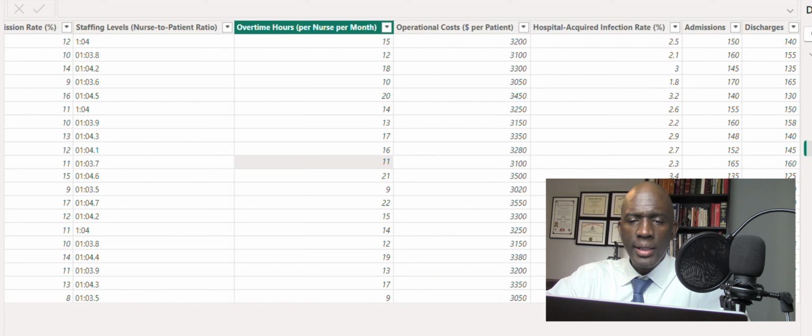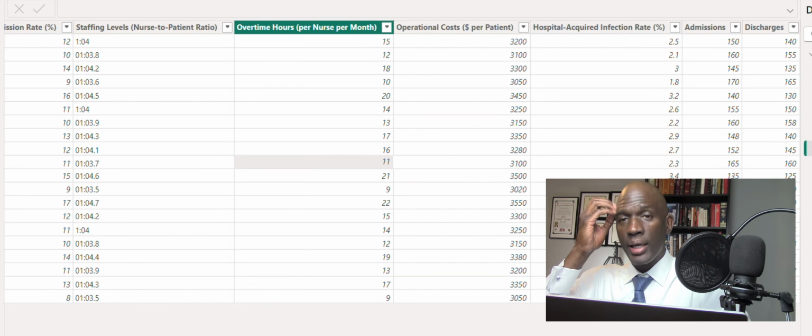Here in this column, we're still looking at the same 20 rows, but this is how many hours a nurse worked or was assigned to this particular individual that's in the hospital.